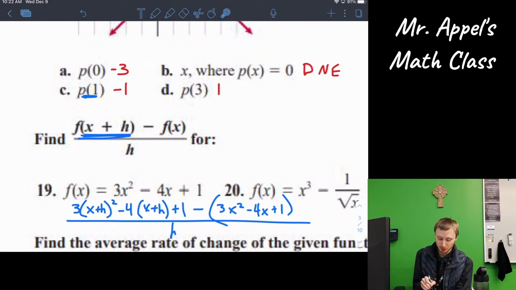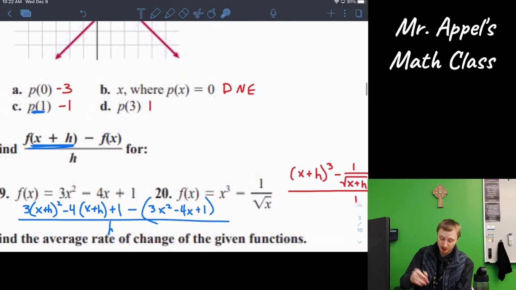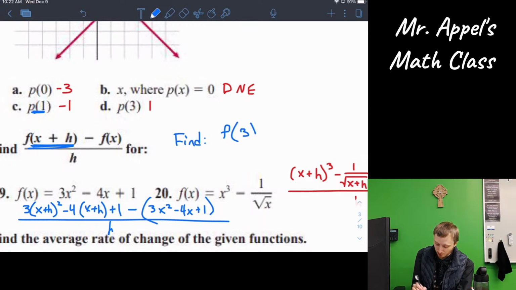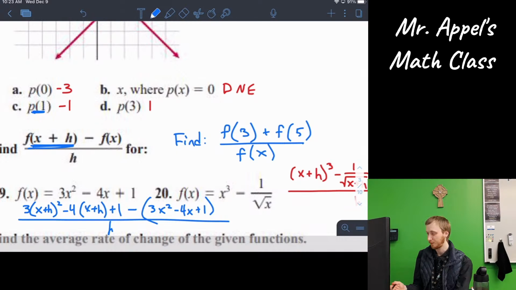So in the first part, I'm breaking this down, looking at this setup. I could give you something completely different. I could say, find for me f of 3 plus f of 5 and divide by f of x.